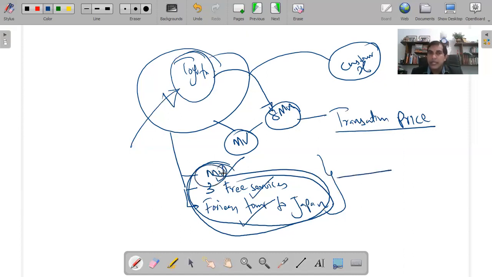The motor vehicle is delivered immediately. Then the 3 services will be delivered maybe within 1 year, maybe within 2 years. Likewise, there is a time gap. And for the tour, let's say Toyota has given 2 years. After 2 years, the customer will be sent to Japan.